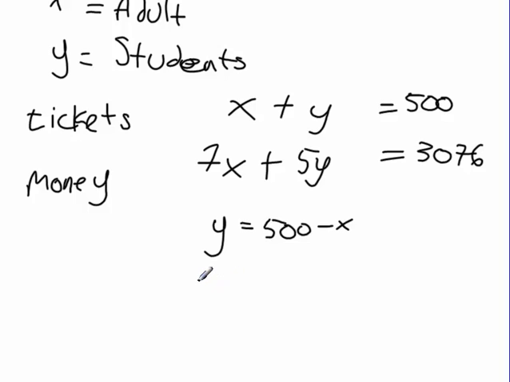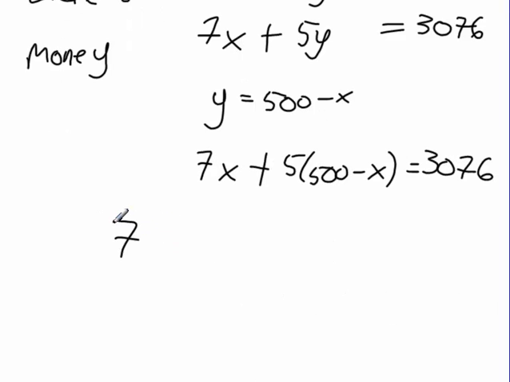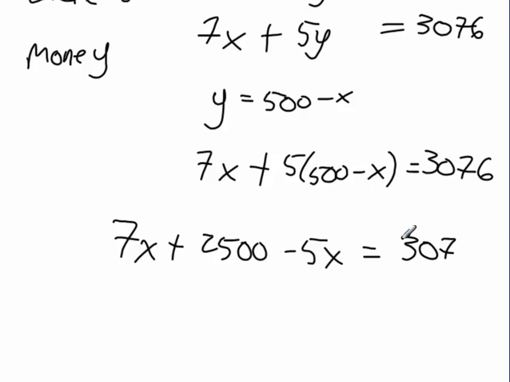So now I have 7X plus 5 times 500 minus X equals 3076. I distribute my 5 and I get 7X plus 2500 minus 5X equals 3076.